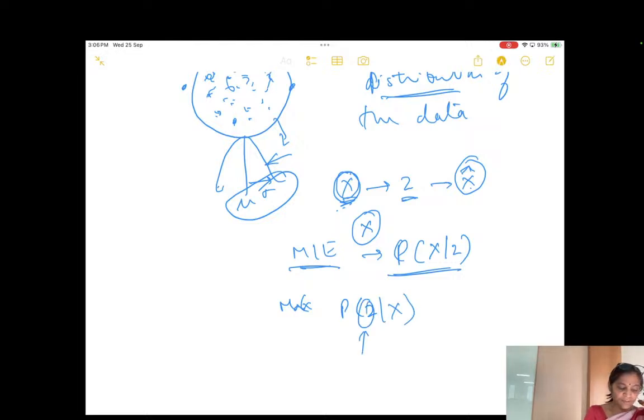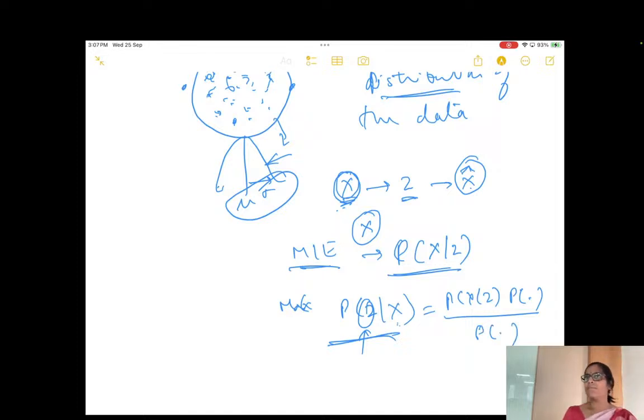You know this distribution which is derived from X, which has X given Z into P of Z. What is this? Bayes theorem. What is the Bayes theorem for this? P of Z given X. Fill in the blanks.